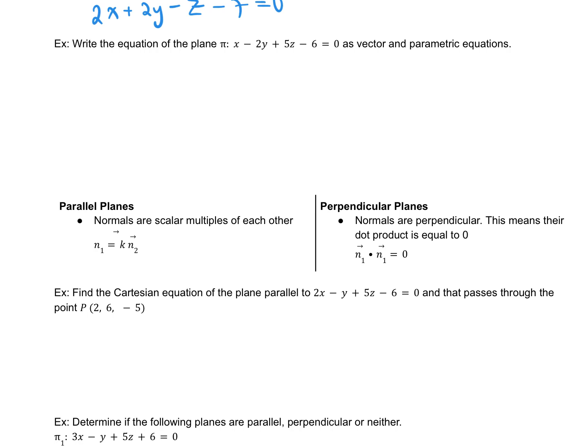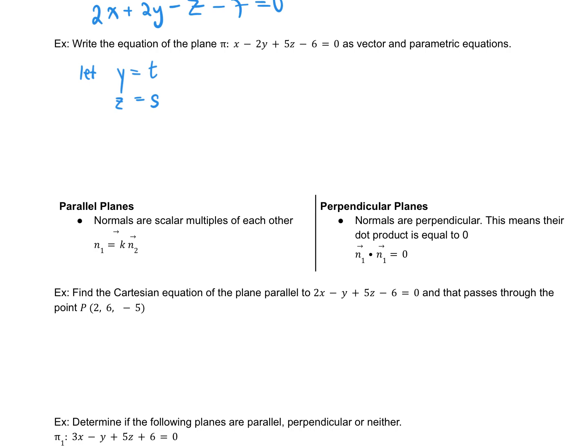They have two parameters for a plane. And I have three variables in here, so I can pick any two variables and set them equal to one of the parameters. So I'm going to pick y and z. I'm going to say let y equal t and let z equal s. Doing that, I've just created two parametric equations.